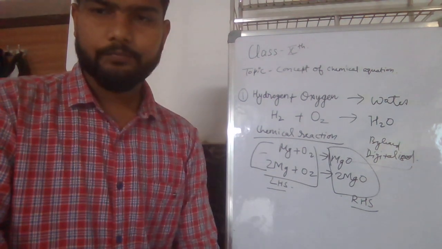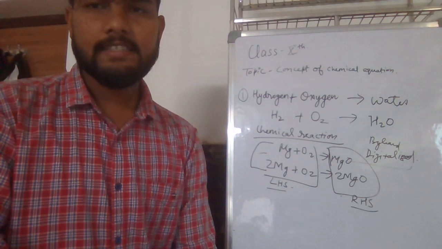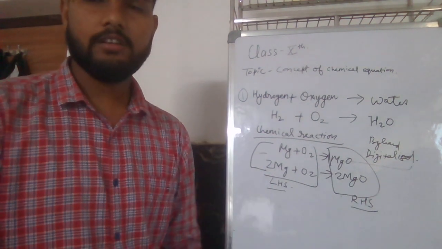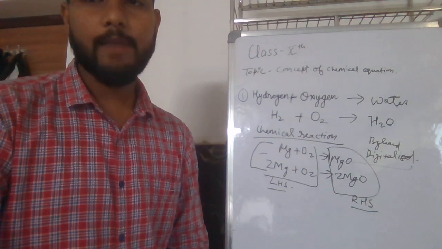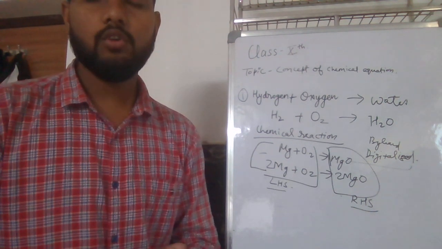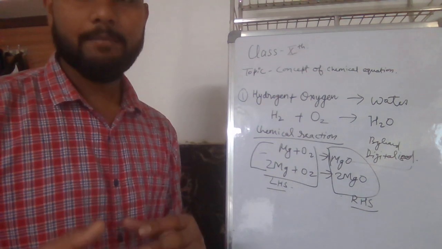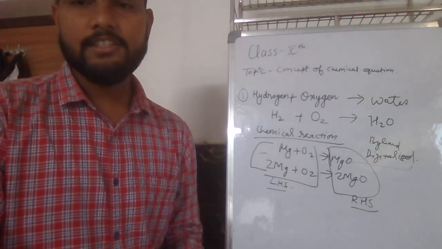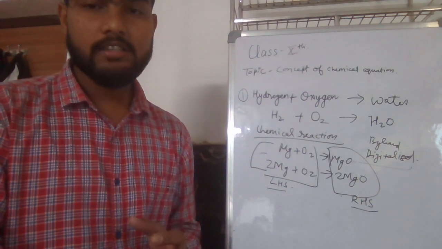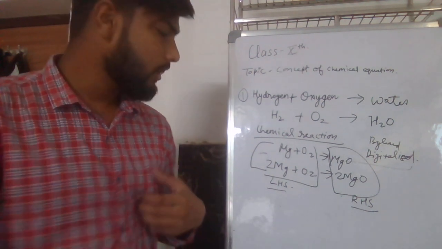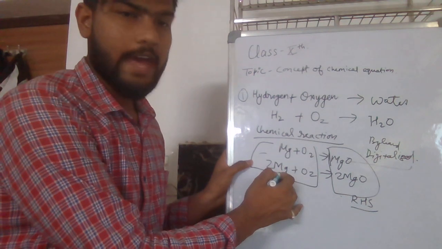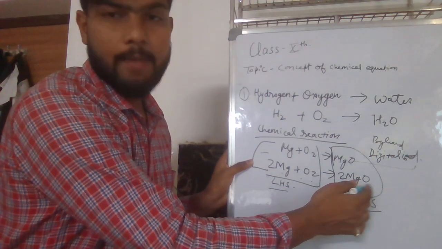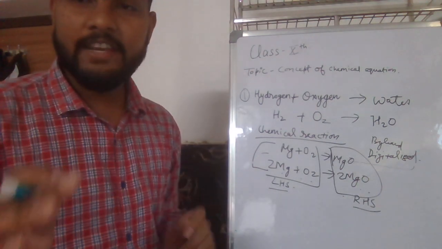So let's first discuss the balanced chemical equation. A balanced chemical equation has the number of atoms of each element equal on both sides. For example, consider 2Mg plus O2 reacting to give 2MgO.